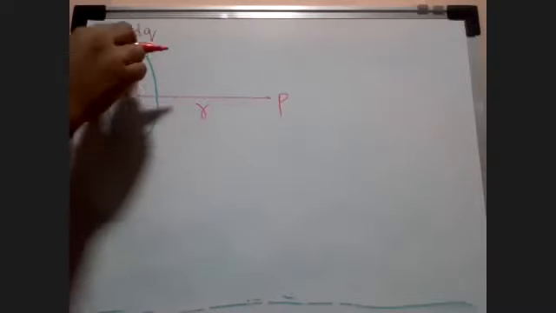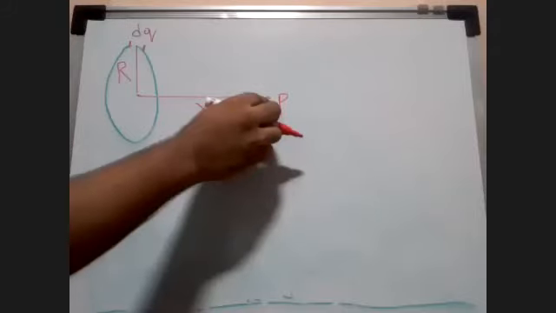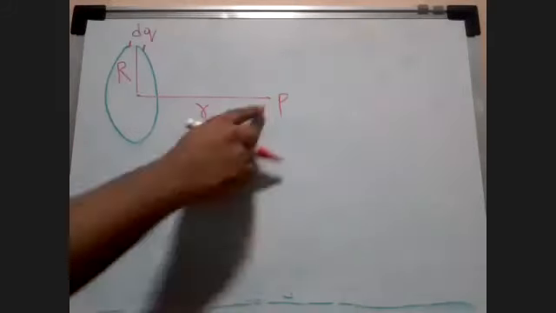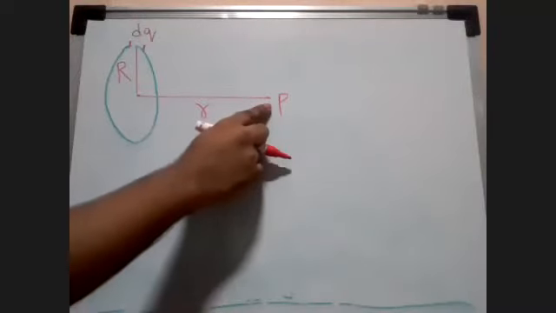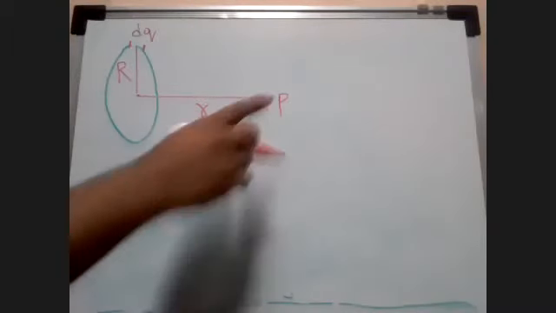This small amount of dq is going to produce some amount of force on this point P. Now for example, take this P as a point where you have brought a test charge. Doesn't matter, because anyways, electric field intensity is independent of the test charge.